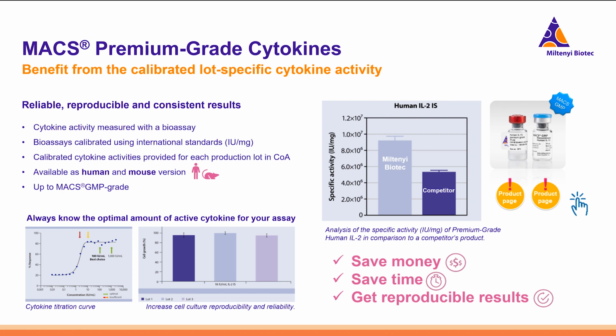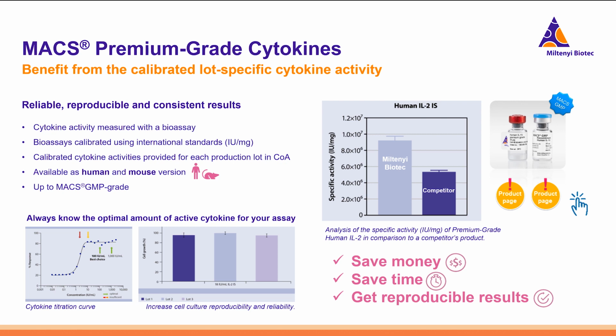This specific activity can vary between production lots because the amount of properly folded and active cytokines is not constant. For our premium-grade cytokines, we test the cytokine activity for each production batch and provide the results in a certificate of analysis. With these values at hand, you can precisely dose your cytokines based on activity and achieve reproducible cell culture conditions.